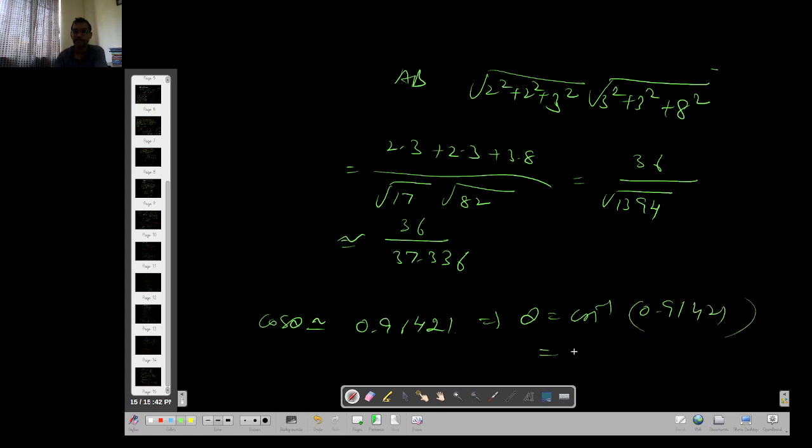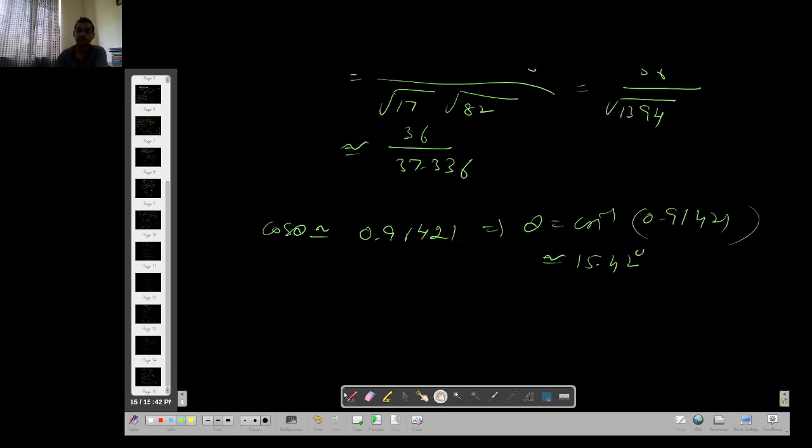If I take the inverse, then its value will be nearly equal to 15.42 degrees. So therefore the value of theta will be nearly 15.42 degrees.